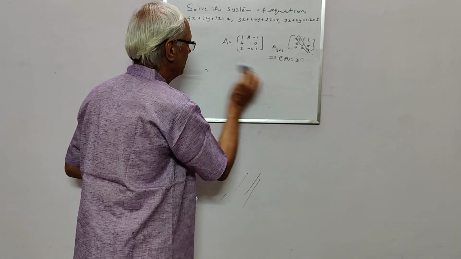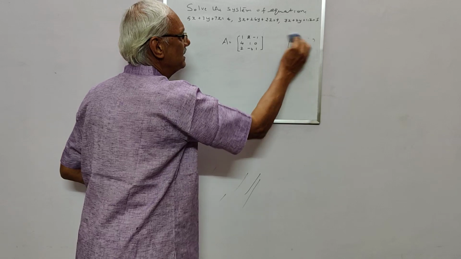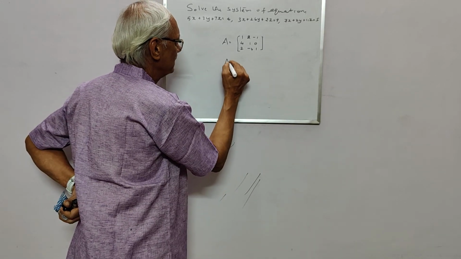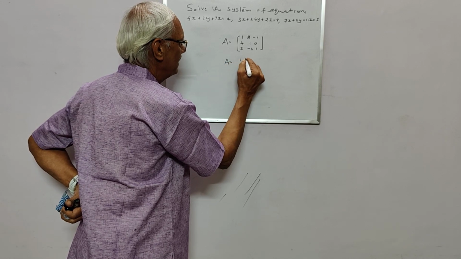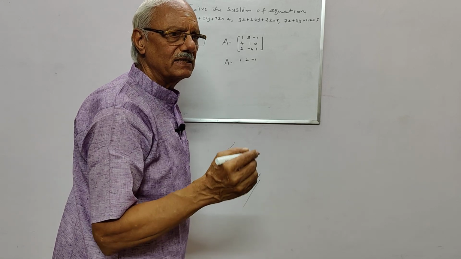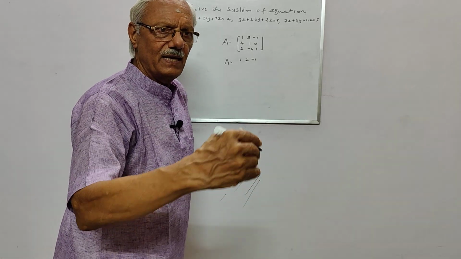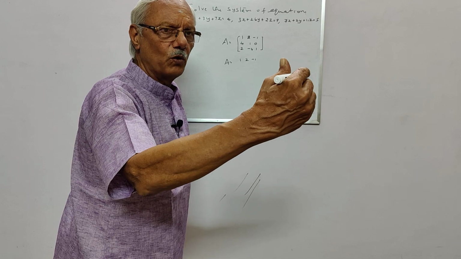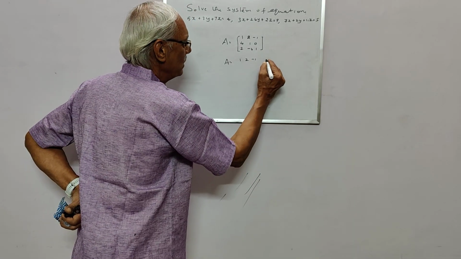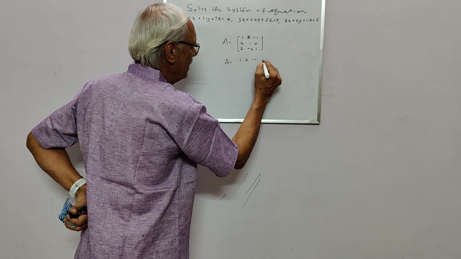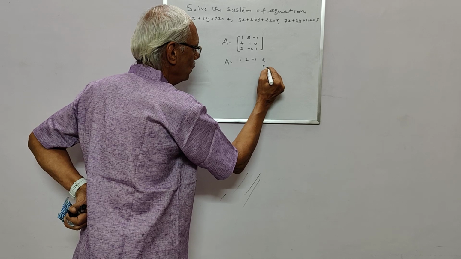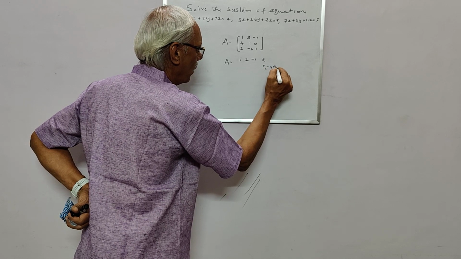So let us come to this. Let me change this. How will you do this? You take this A and keep it like this: 1, 2, minus 1. I will go for an upper triangular matrix, in the sense that the principal diagonal is there, elements above that will be non-zeros and below that will be zeros. How to do that? You keep this R1 and write R2 minus 4R1.